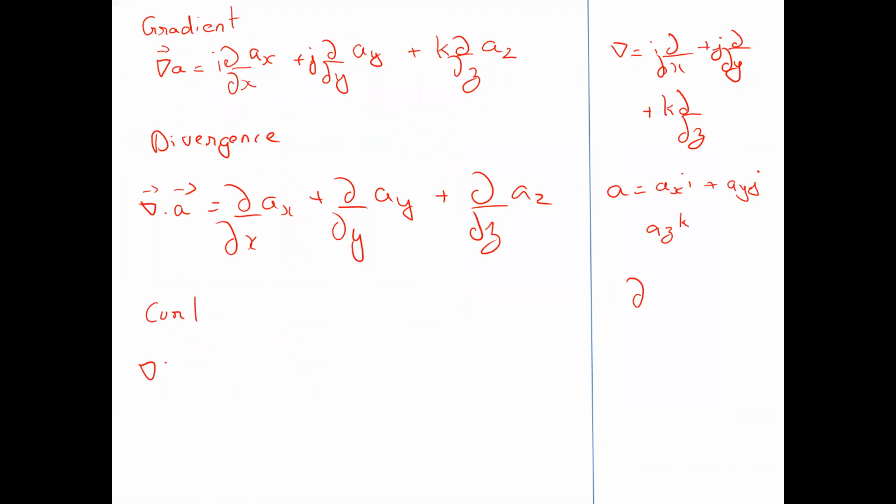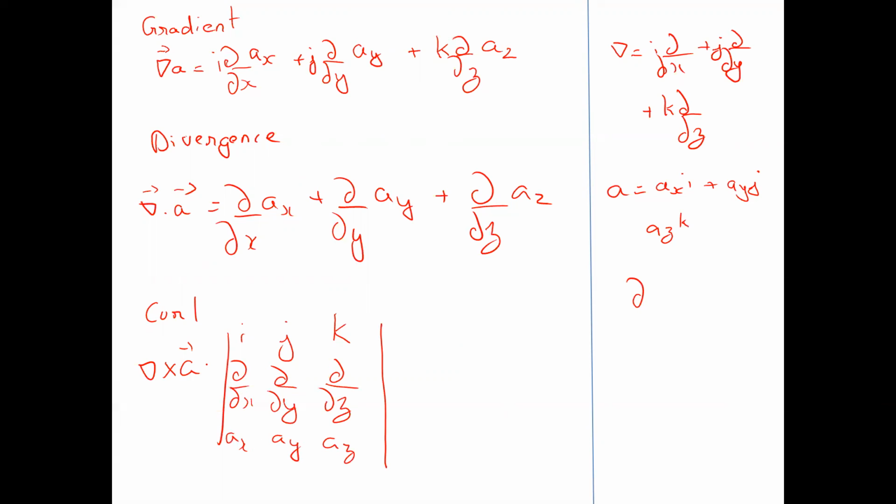Curl is del cross A. Del is the quantity I told you about. To take a cross product, you take i, j, k, then d by dx, d by dy, d by dz, and then the vector components ax, ay, az. You take the determinant and you get the curl.